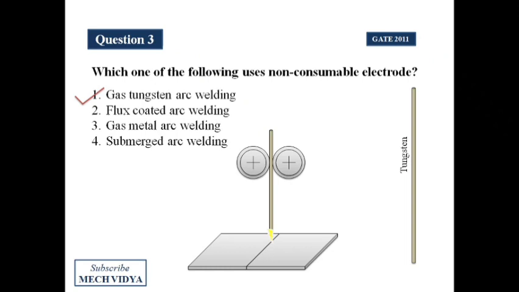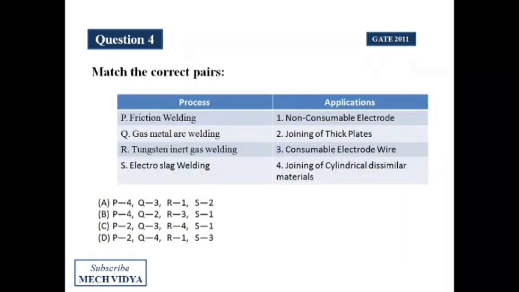Next, in question number 4, they are asking to match the correct pairs. So the first one is friction welding. If we now look at the right hand side, we have 4 options. The first one is non-consumable electrode. This is not applicable for friction welding because in friction welding we use a specialized tool. Number 2, joining of thick plates is also not applicable because friction welding cannot join very thick plates.